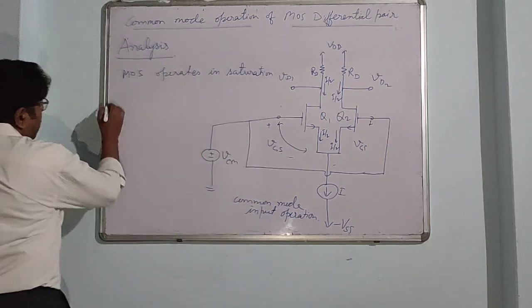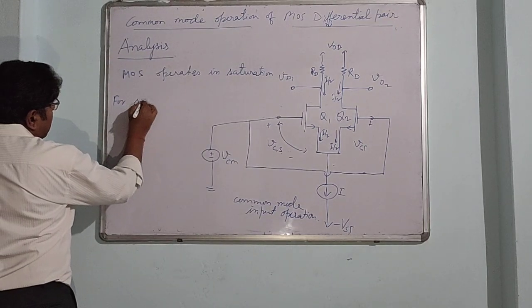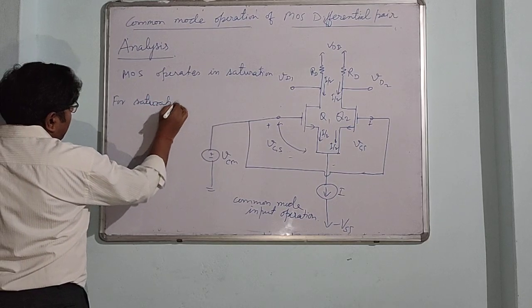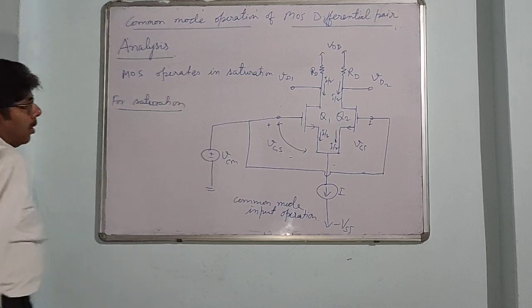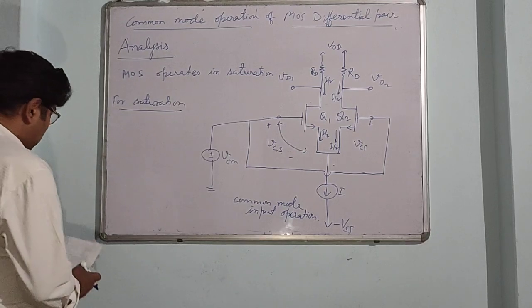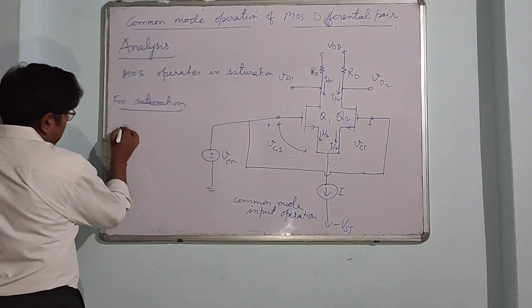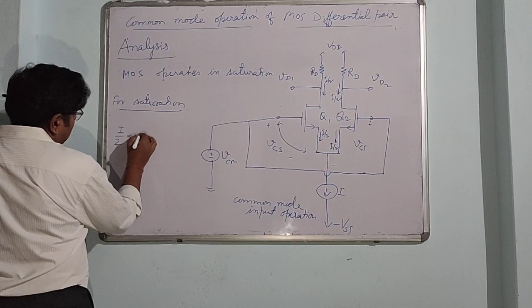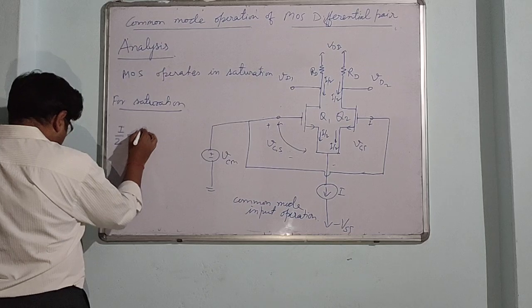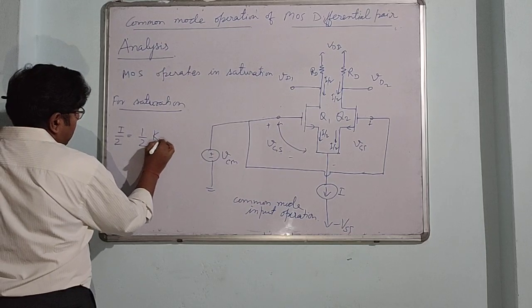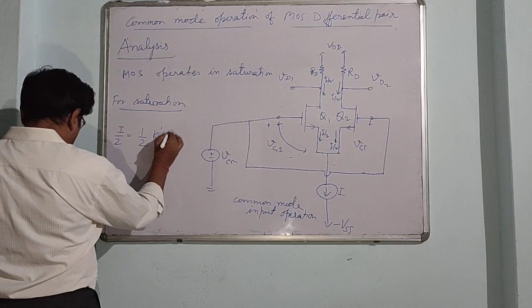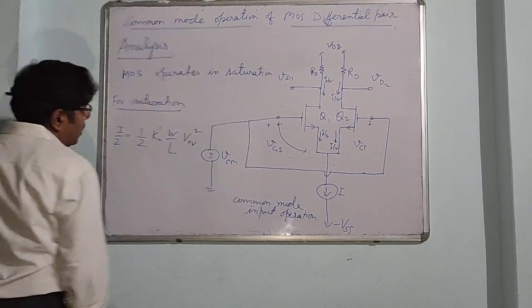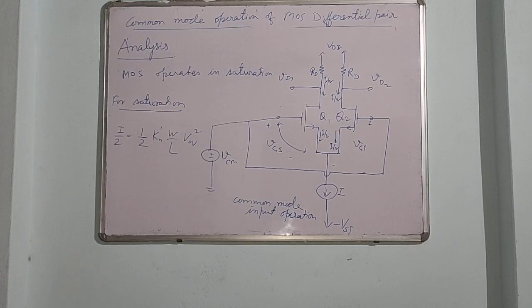For saturation mode, as you know the relation, drain current ID equals half Kn dash W upon L into VOV square.